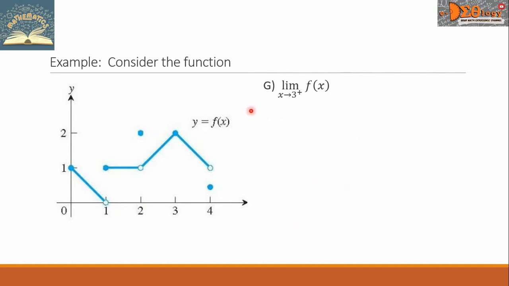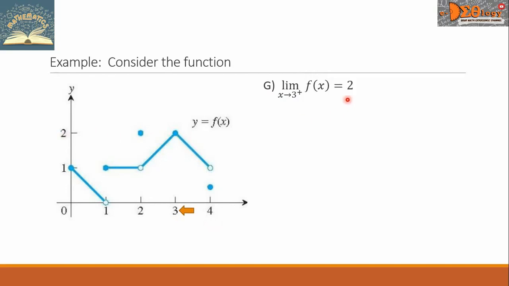Example G. The limit of the function f of x as x approaches 3 from the right. The number 3 is here, and we will consider those values of x that approach 3. Then looking at our graph, it is now approaching a value of y which is 2.